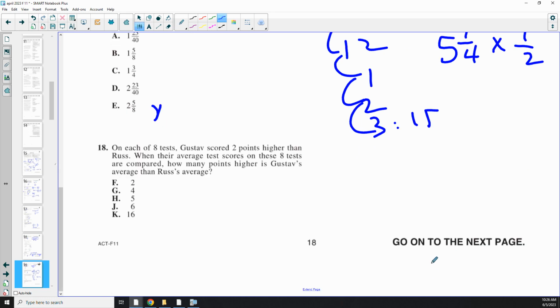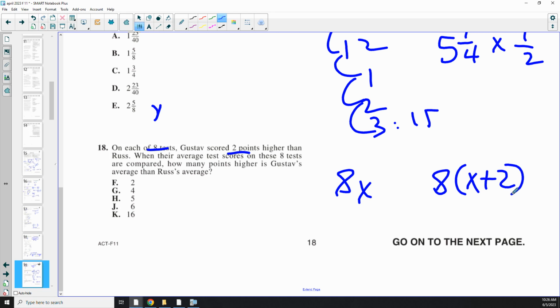Well, if I score 2 points higher on my 8 tests, then isn't the average going to be 2 points higher? Okay, so if I take each test 8 times the average, let's just call the average X, and then if I score 2 points higher on each one, then I would be 8 times X plus 2.